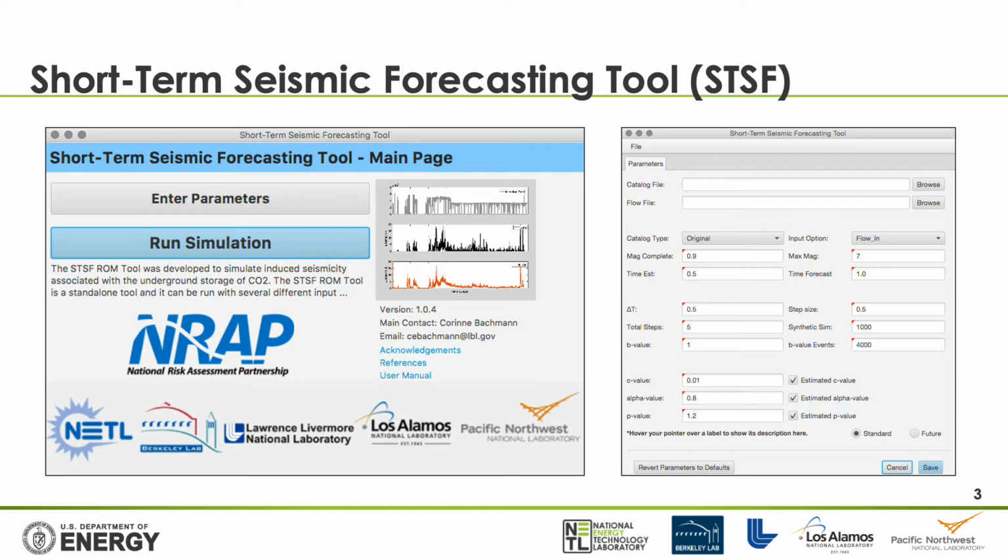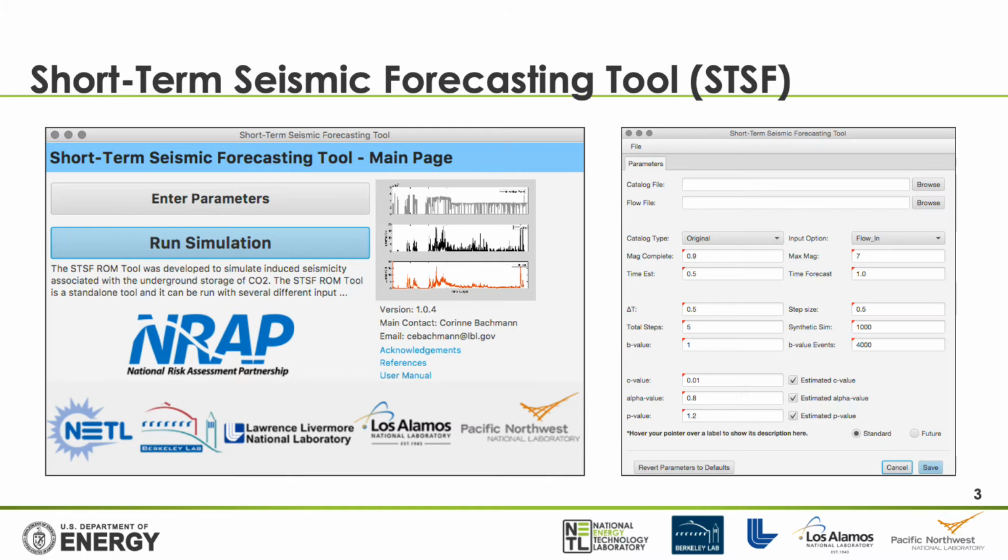This is a very good management strategy, but it only relies on individual earthquakes, and it's not particularly proactive. It's a completely reactive system. So what we've been working on within the group are short-term seismic forecasting methods.